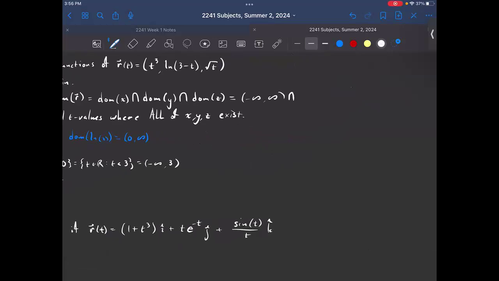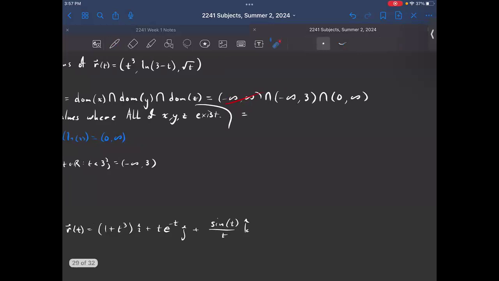So we have negative infinity to infinity intersect with negative infinity up to positive 3, intersect with 0 up to positive infinity. And we're looking for the set of all values which are common to all three of these sets. Okay, well, this set includes everything, so we can more or less just drop it. It doesn't help us decide anything.